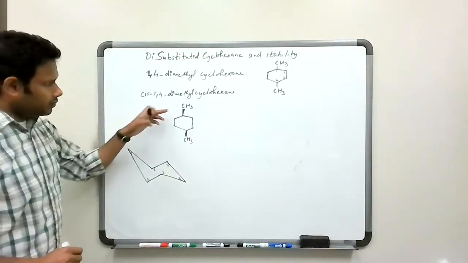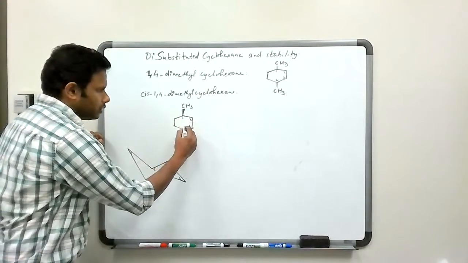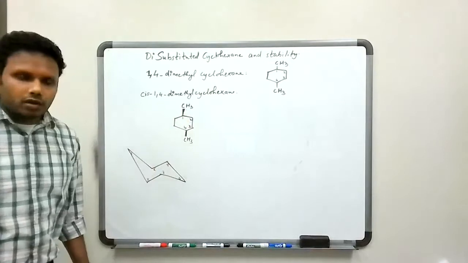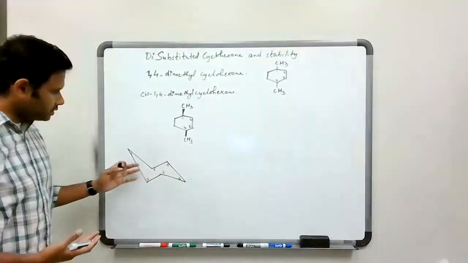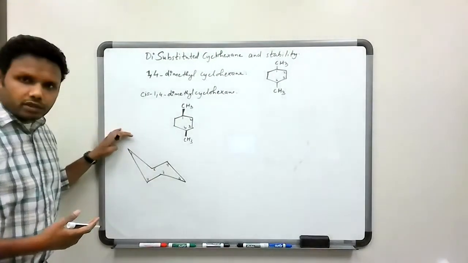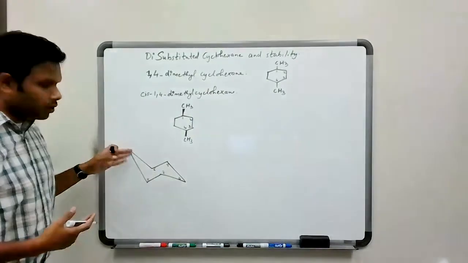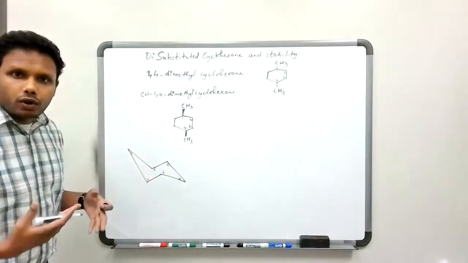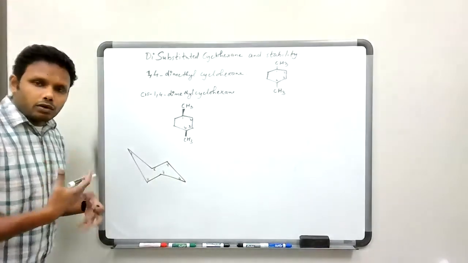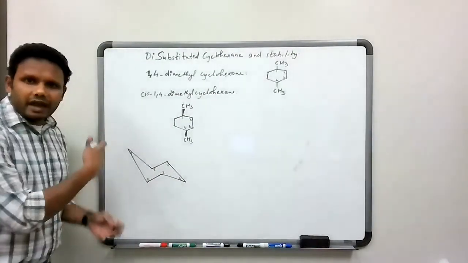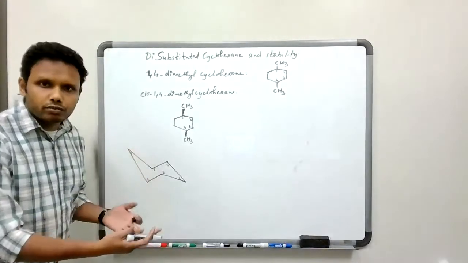Now, I have a methyl group on carbon number 1 and another methyl group on carbon number 4. When I start out to draw the conformations, the first methyl group I can just arbitrarily put wherever I want, either on an axial position or on an equatorial position. And my preference is to always put the first group on an axial position, because it makes it easy for me to see where the other group would go.